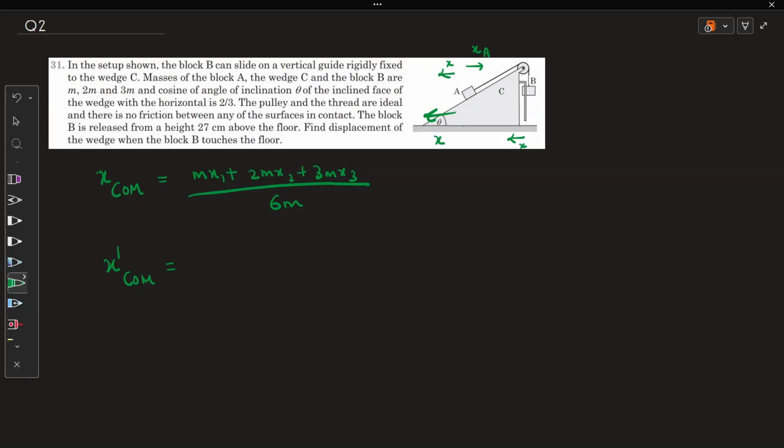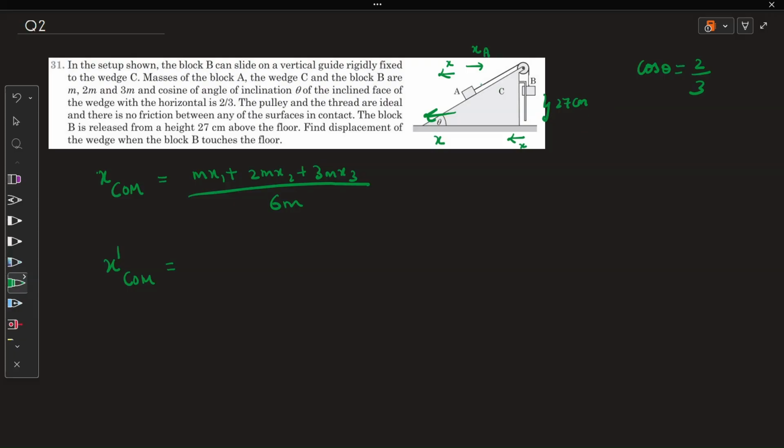In this direction. If you see, B is coming 27 centimeter down, so A should travel 27 centimeters along the incline. Cos theta is nothing but 2 by 3.